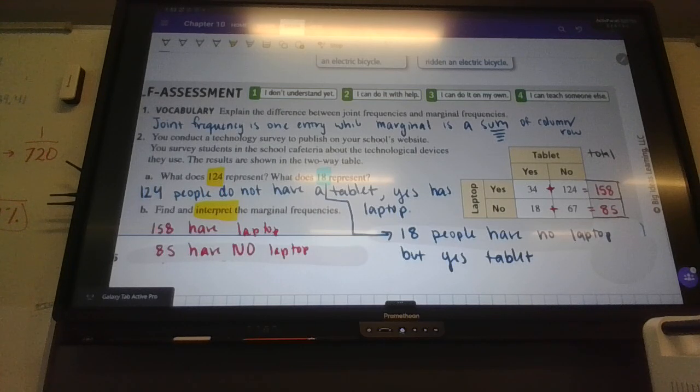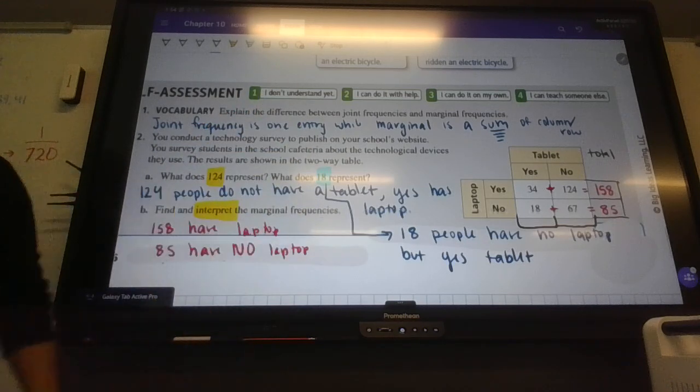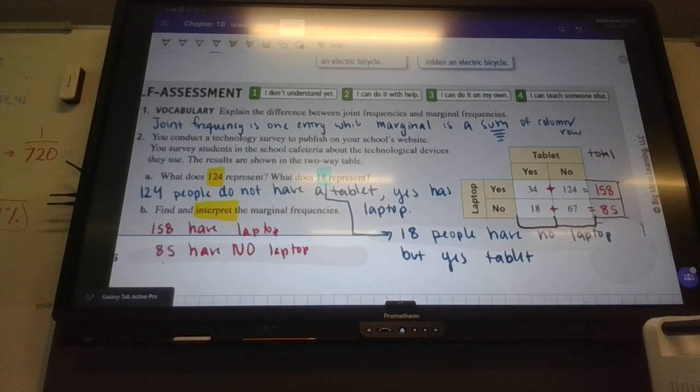I am not done with the marginal frequencies. I also have to add up the column. I ran out of room. We'll do a little baby one down here. So now I'm going to add up and down and figure out how many total people said yes, tablet. 52 said yes, tablet.